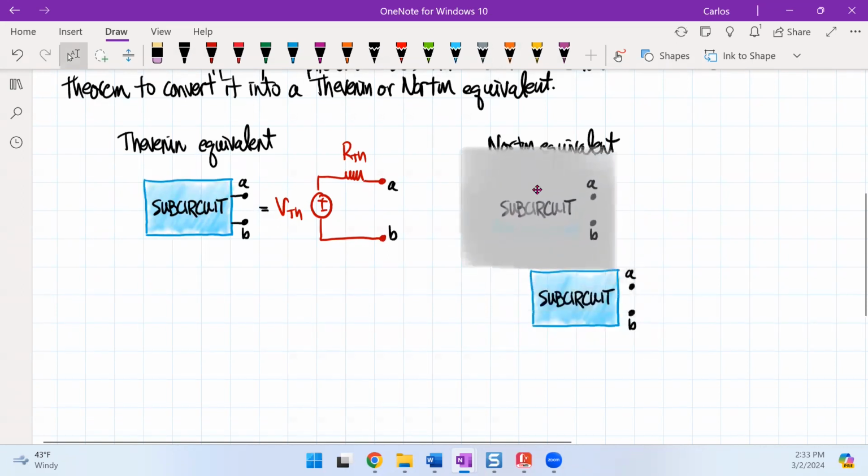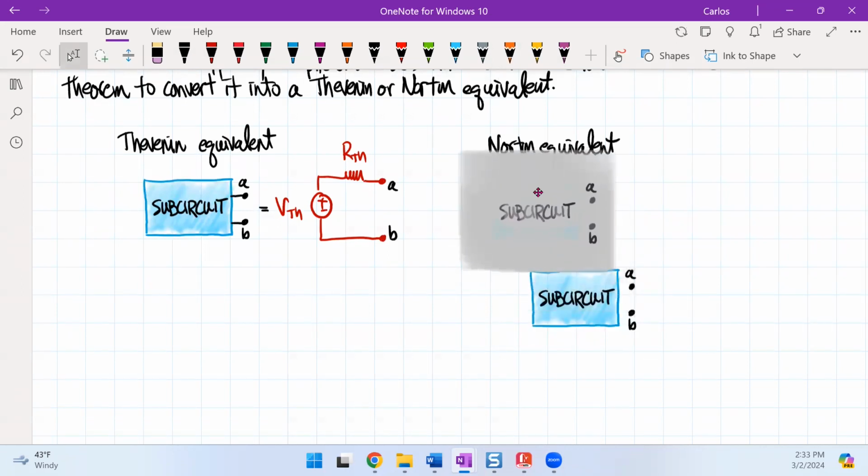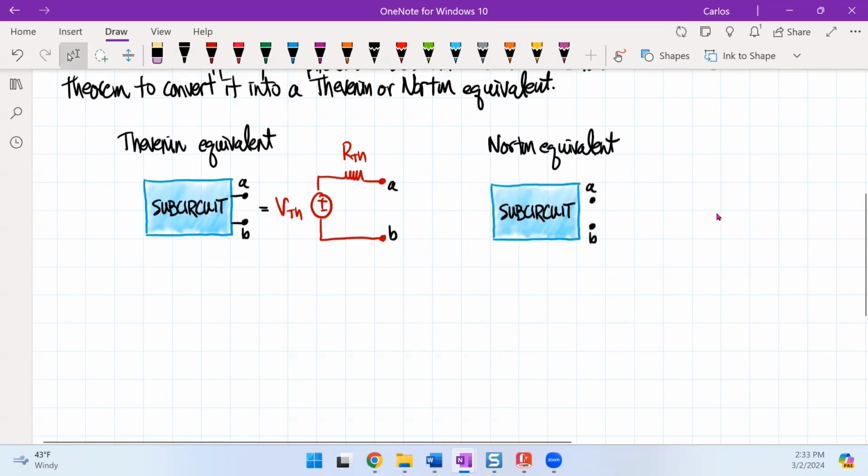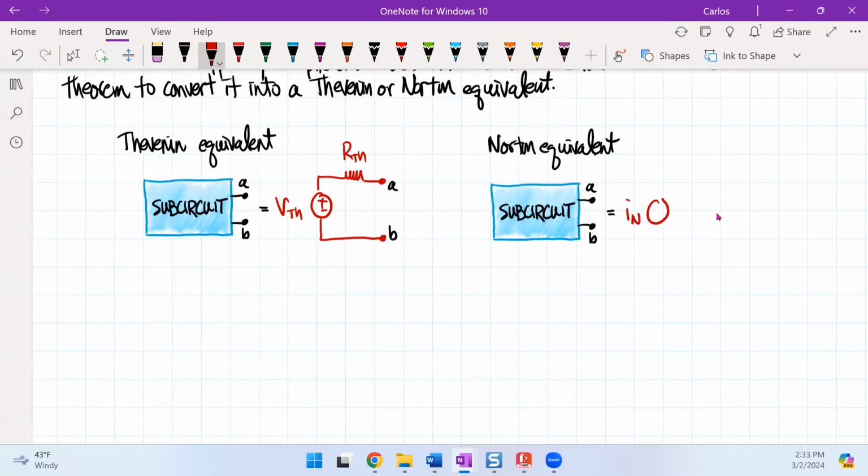We have our subcircuit, and this is now replaced with a current source in parallel with this resistor.